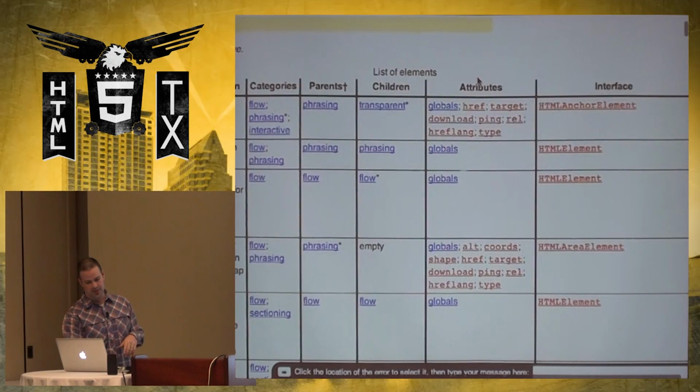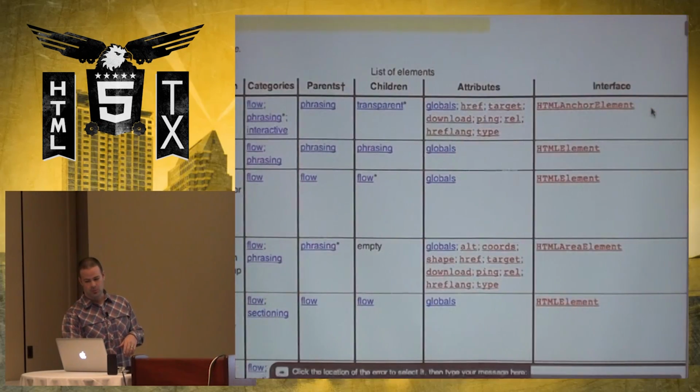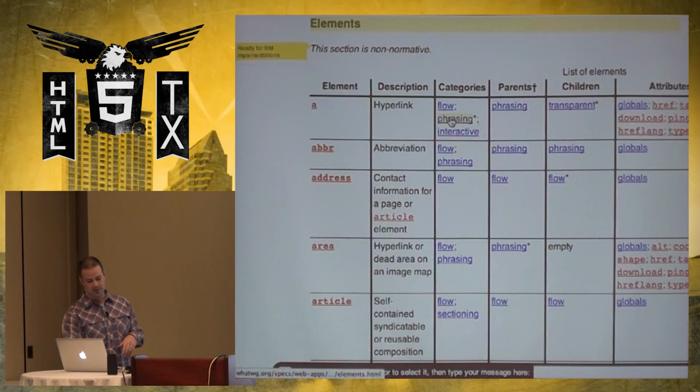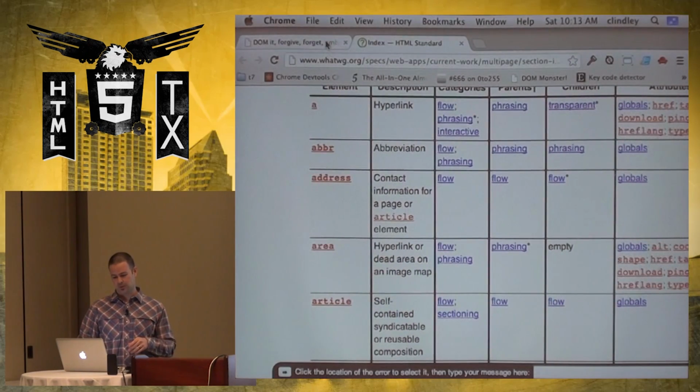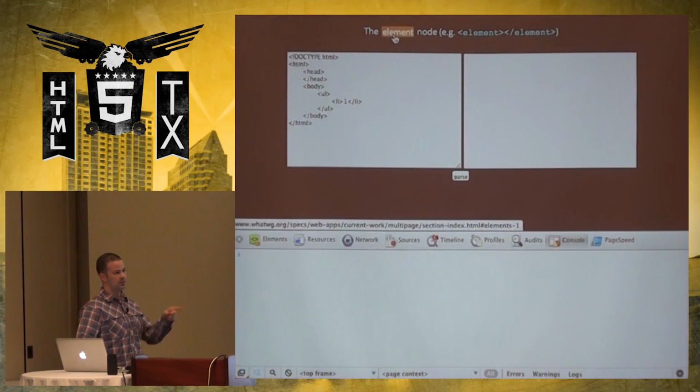It tells us what attributes we can put on element nodes, and what interface they come from. It's extremely handy if you have not seen it before. It's linked, so if you go to the slides, you can find it. I can get you the slides after.